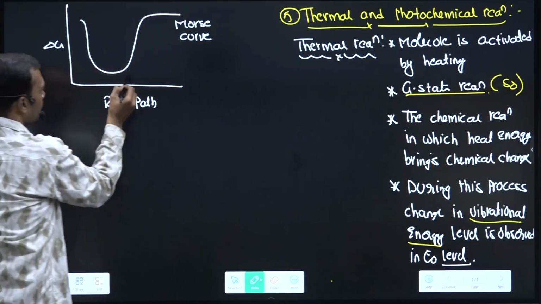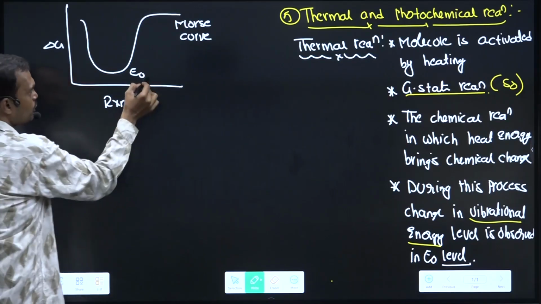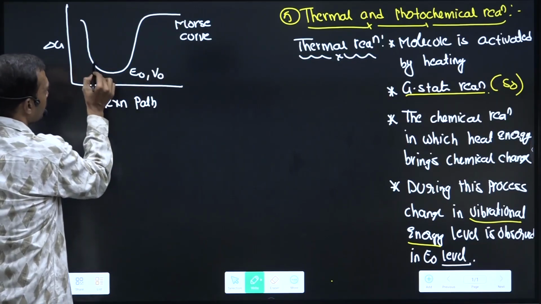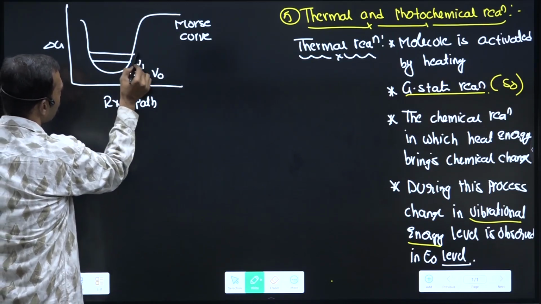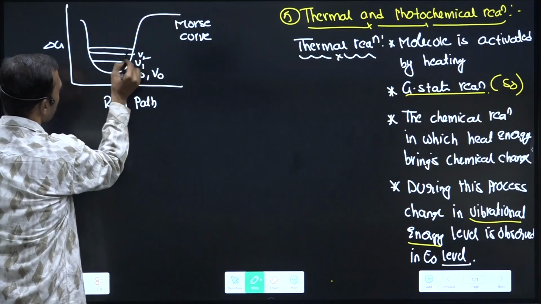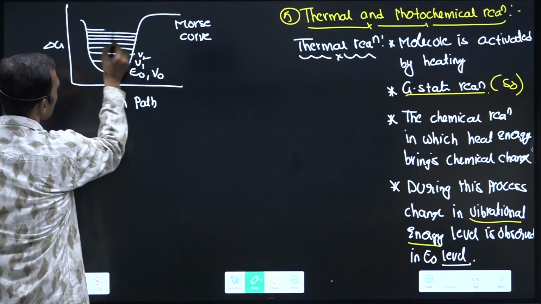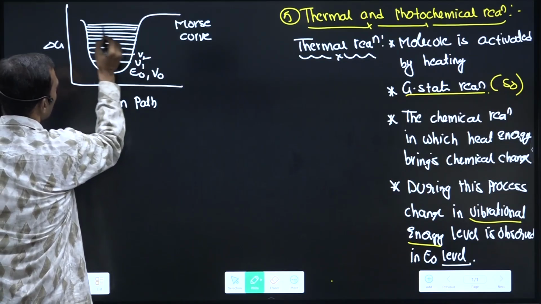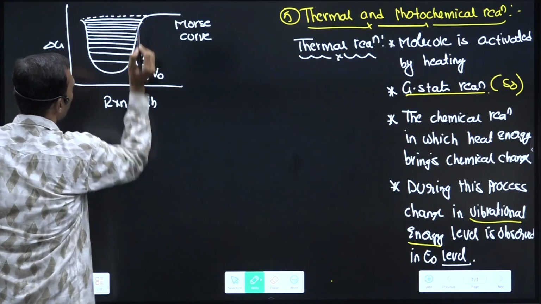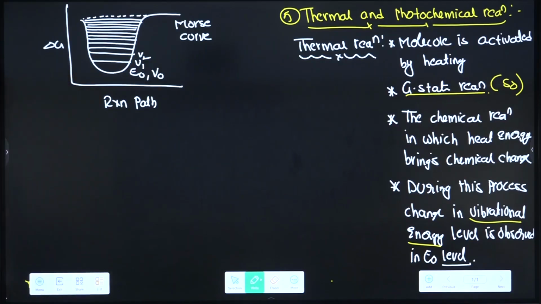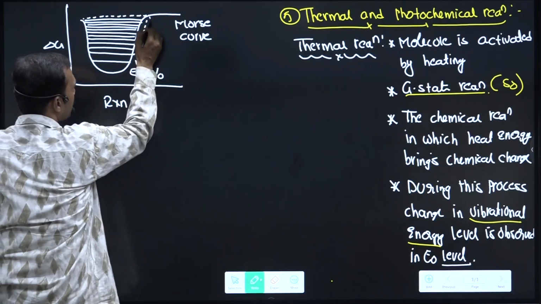See, here I am taking, this is E0, V0 state, this one. Then this is V1, this is V2. So from here onwards, every time regularly the gap decreases. When you decrease the gap regularly, both will be clumped together. At one point it will start breaking. This is the point where it will break. The dot indicates final breakage. So what about this point? This is V3. Like this you can write at Vx.